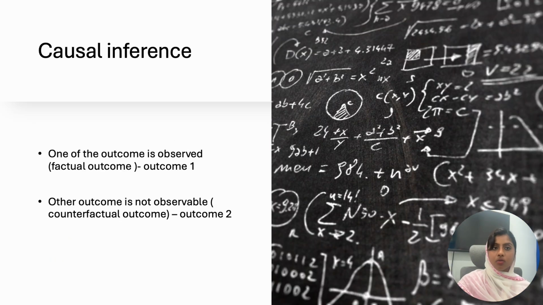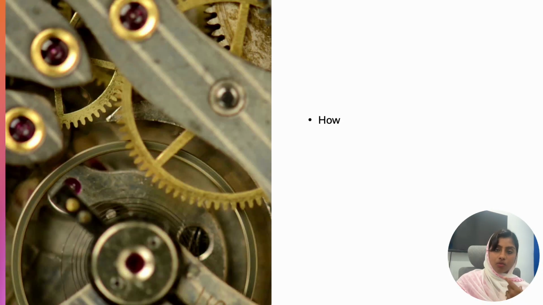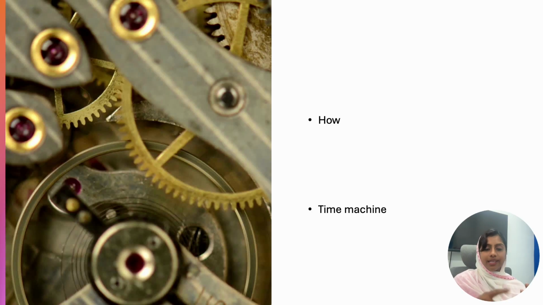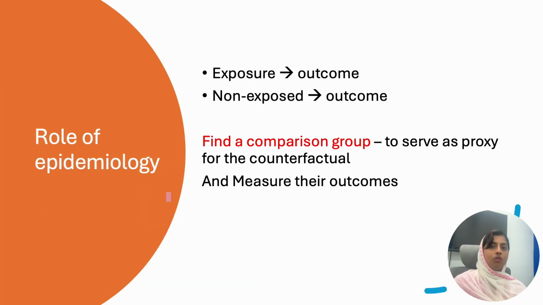But as we all know, it's not possible to do this. That is the main problem in an epidemiological study. The only way you can do this is if you have a time machine and could go back, with the same individuals under the same circumstances, to see what would have happened if there was no exposure.